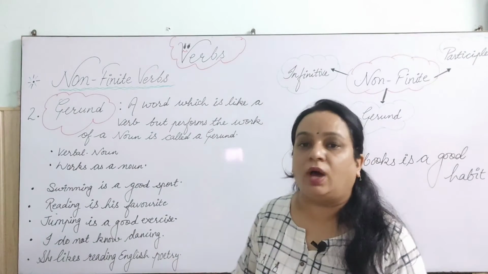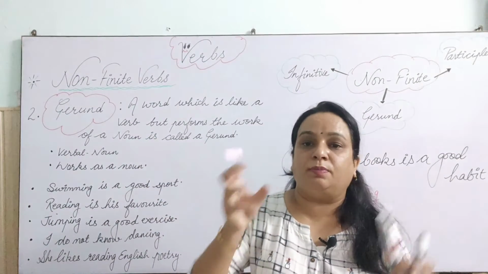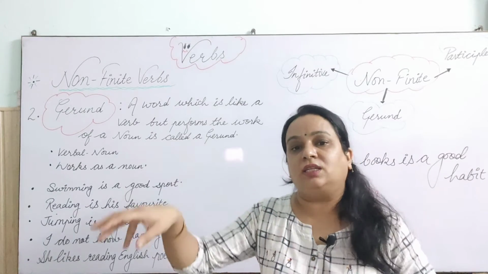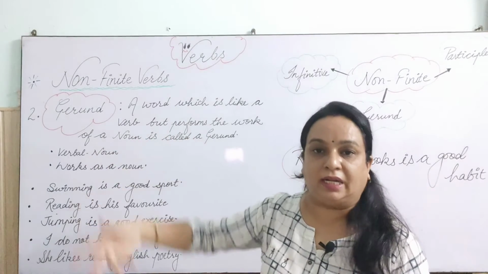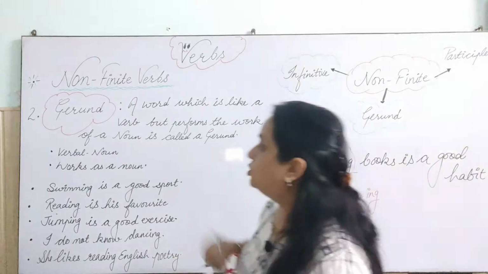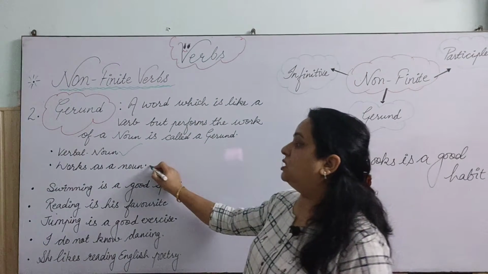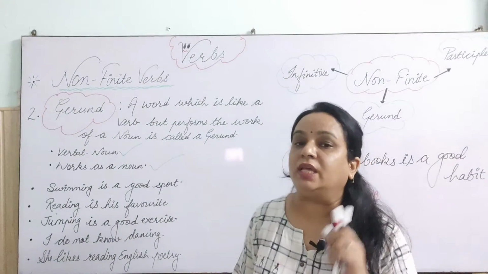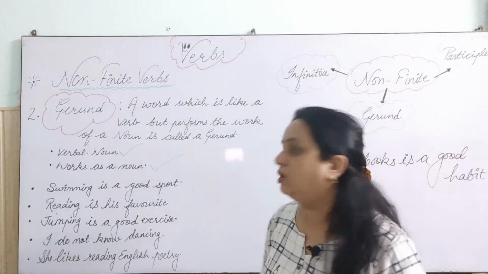So that is why this is also known as verbal noun, because that performs the work of verb and a noun, right. So this is known as verbal noun. It seems that that is verb, but actually that performs the function of a noun. So that is why this is known as verbal noun, and this works as a noun in the sentence. So these 2 points are very important, you have to remember.